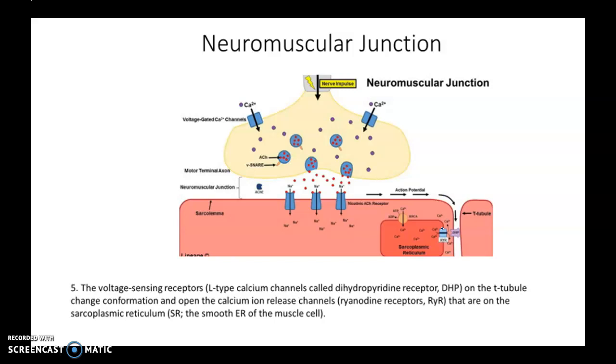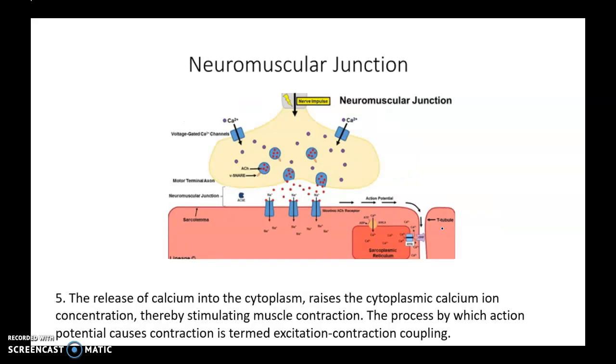So we have a lot of calcium in the sarcoplasm now. The release of calcium into the cytoplasm, or sarcoplasm in this case, raises the sarcoplasmic calcium ion concentration, thereby stimulating muscle contraction. The process by which action potential causes contraction is termed excitation-contraction coupling.